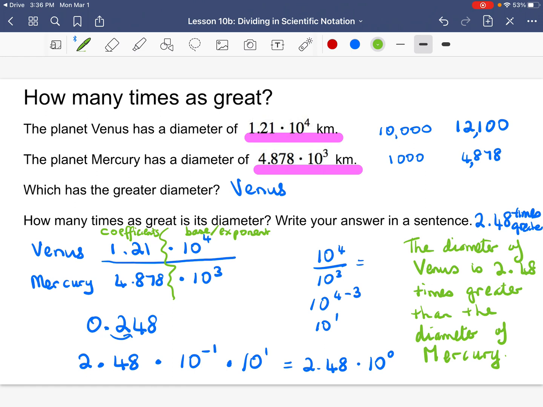Does that make sense? 4,878 is about 5,000, and 12,100 is about 12,000. So if I multiply 5,000 by about 2.5, would I get 12,000? Yes, I would. So the answer does make sense. I wrote my units, 2.48 times greater, and then I wrote a sentence as well.